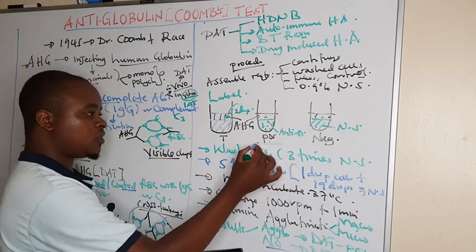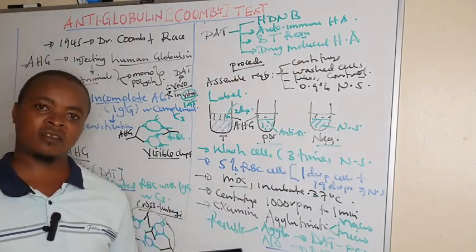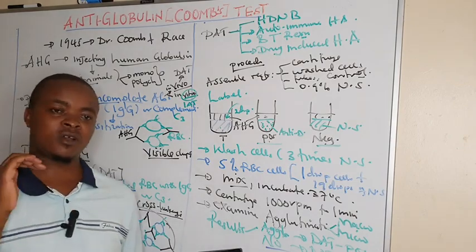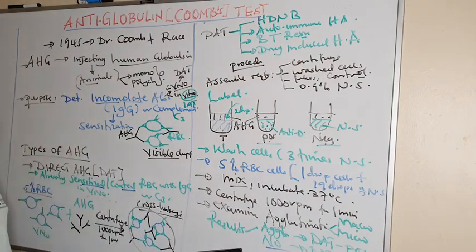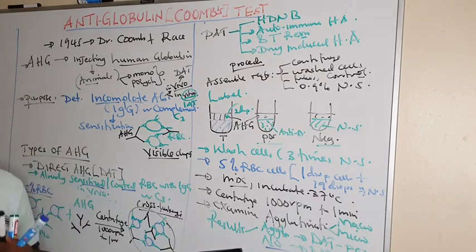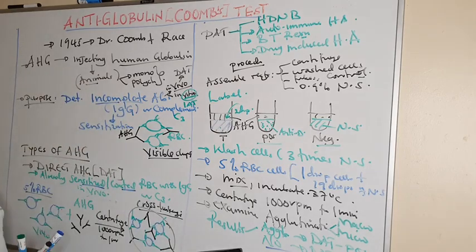And remember to always include positive and negative controls for the validity of your test. So this is what we call the direct Coombs test, or direct anti-human globulin test, which detects the already sensitized cells in the body. And we want to see how it is different from indirect Coombs as we are finishing.